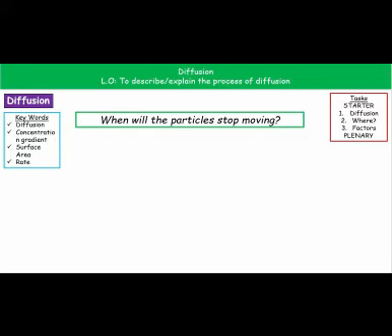Okay, so we know that when we're talking about diffusion, it's the net movement of our particles from an area of high concentration to an area of low concentration. But when do we think particles will stop moving? So just jot down your thoughts in your book.